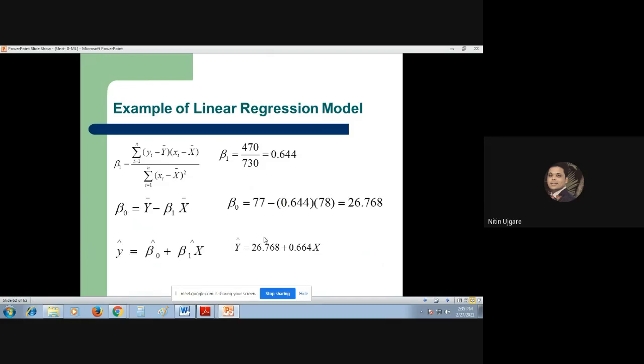If the value of beta 0 is 0, then the value of y will be increased by beta 1 units. Why? Because beta 1 is basically the product term with x. So whatever the x value is, it will be increased by beta 1 unit. So if x's value is 2, then this value of x, that is 2, will be increased by 0.66 unit, even if beta 0 is 0.